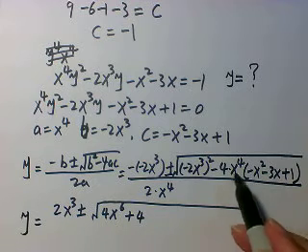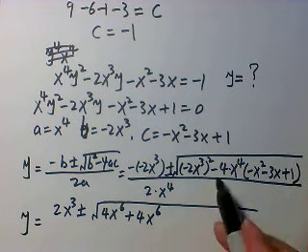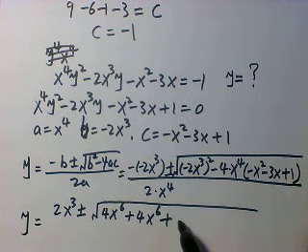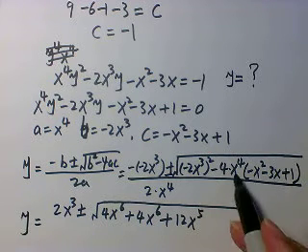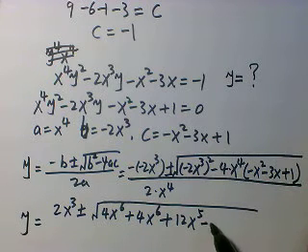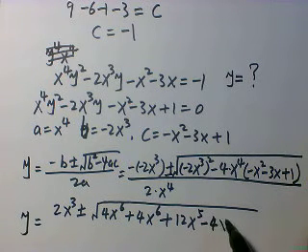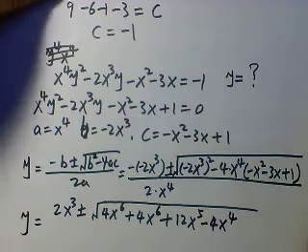Do the expansion for this term: x to the power 6 plus 12x to the power 4, negative 4x, which is minus 4 times x to the power 4.